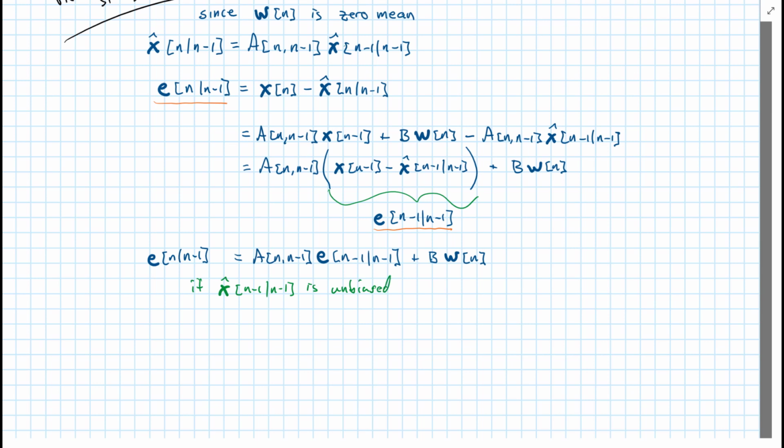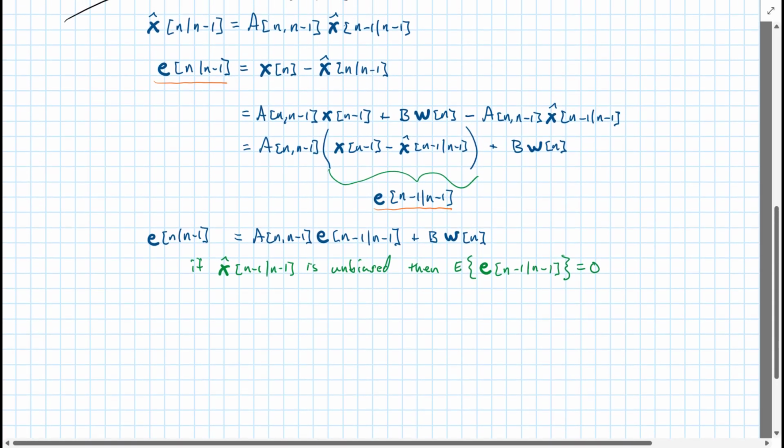It means that the expected value of our prediction minus the expected value of the actual state is going to be 0. In other words, if that's unbiased, then the expected value of E n minus 1 given n minus 1 is equal to 0. Doesn't mean we don't have error, and that error may have a lot of energy, but on average, we're okay.